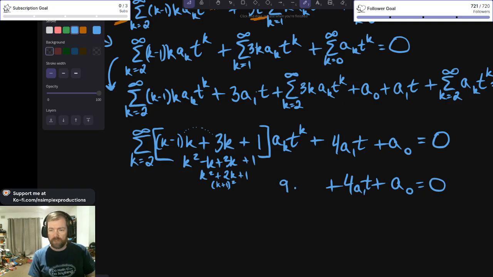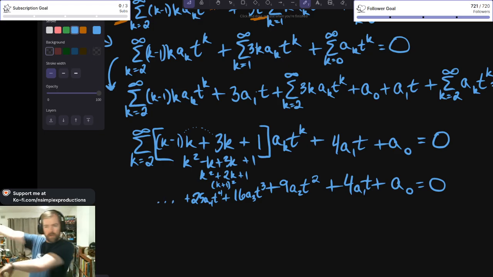And when k is 2, this is a sub 2 t squared. Plus, and then all we're doing now is we're going up a square. We're increasing our subscript and our exponent at the same time. So 16 a sub 3 t cubed plus 25 a sub 4 t to the fourth plus, and then that is going to continue going on and on forever.